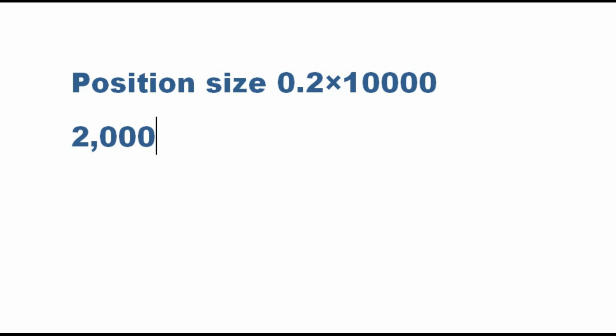To make sure you put in the correct position size, we need to calculate the lot size as well. To get the lot size, we divide the position size here by the standard size, which is 100,000.